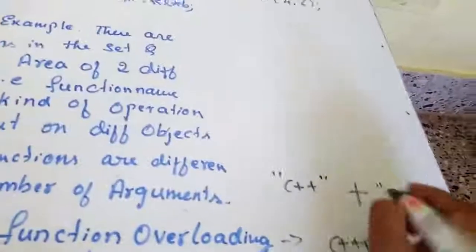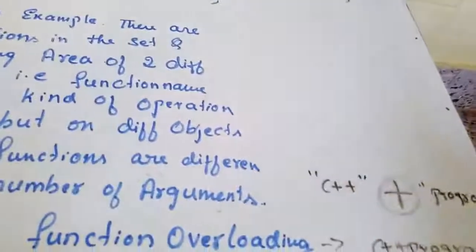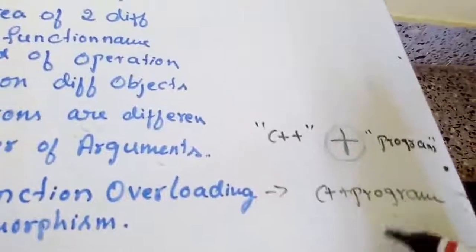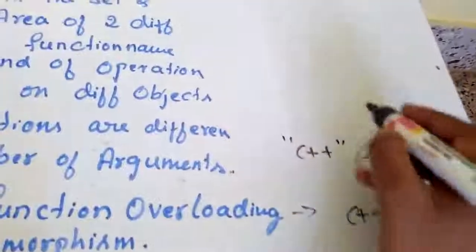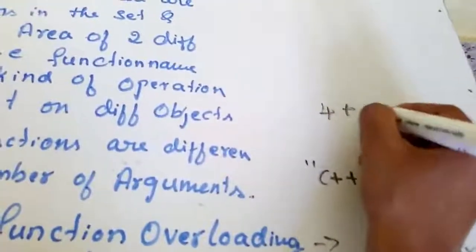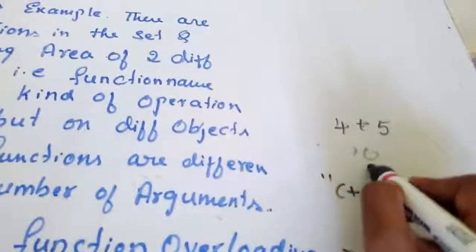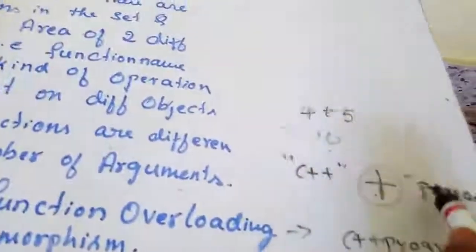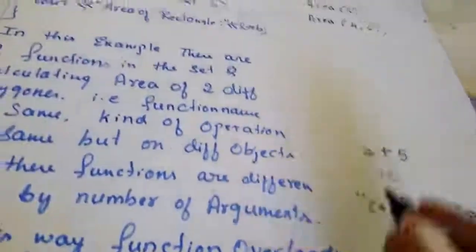The same plus operator, if it comes between two strings, concatenates them, because we have given an extra feature to this plus operator. If the same operator is used with integers, 4 plus 5, it returns a sum. Here the same operator joins two strings. It depends on the type of arguments on which it operates. That is operator overloading. I explained it just to make you understand.